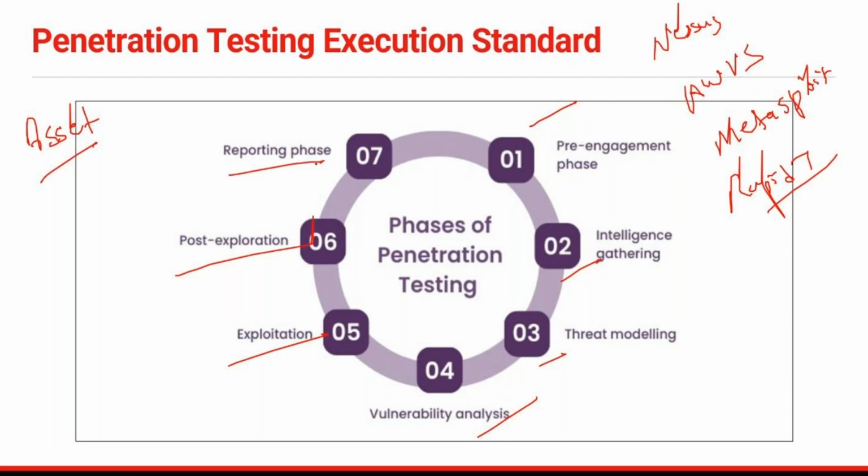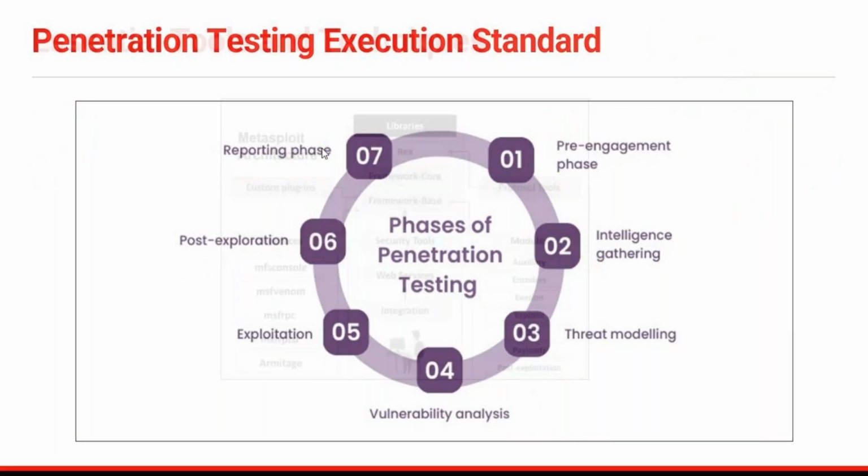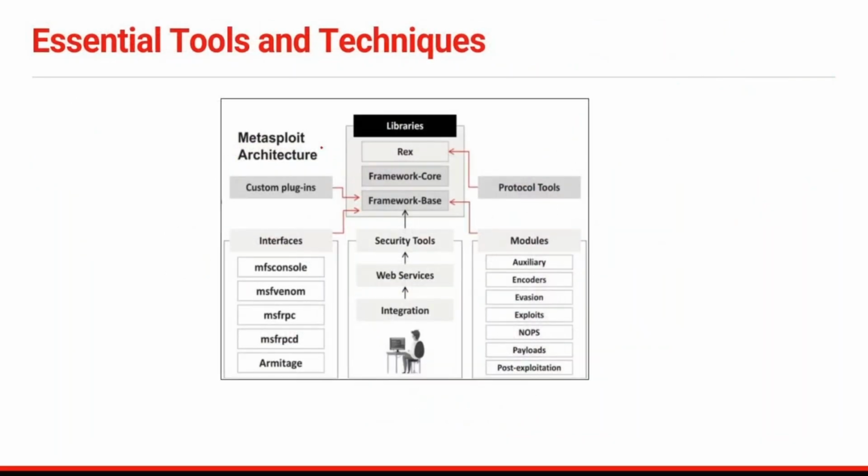And then the reporting phase. Whatever vulnerabilities you have found, you will put in the report, document all of them, and then submit it to the higher officials. That's how you will use it.